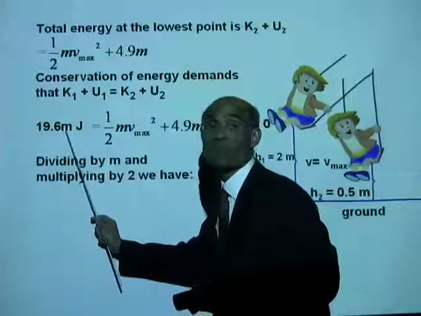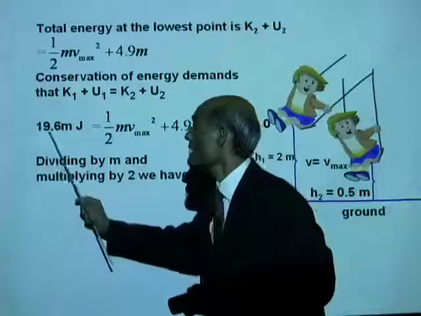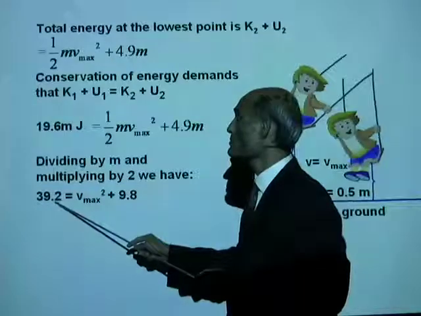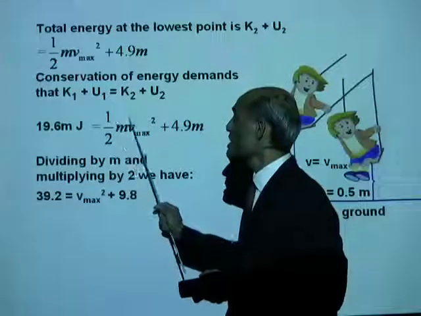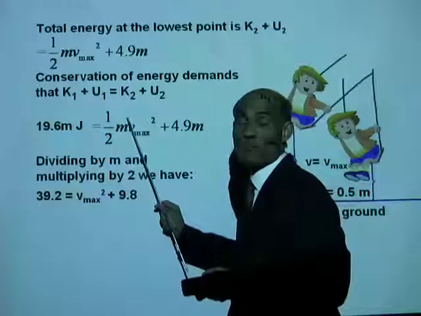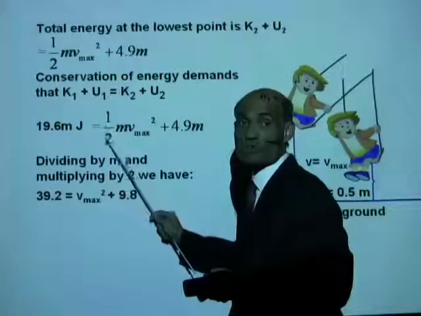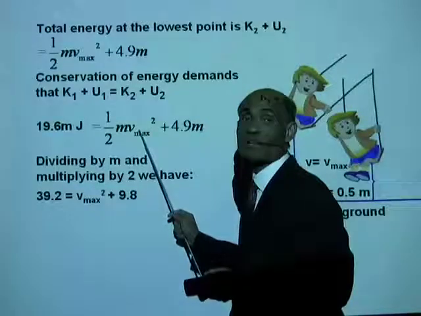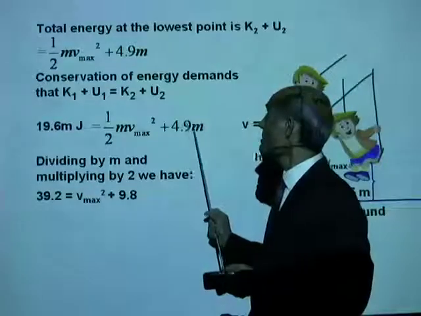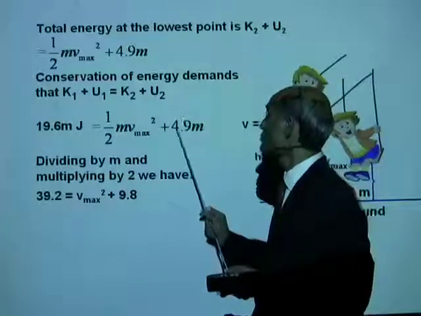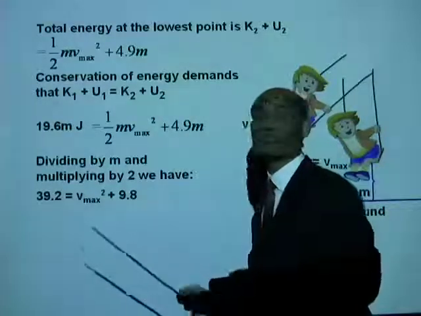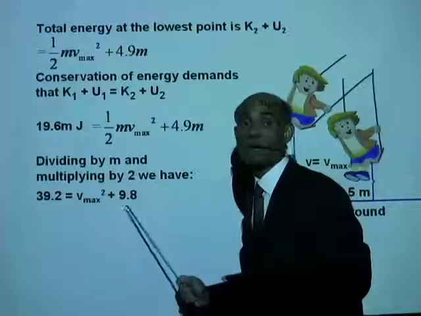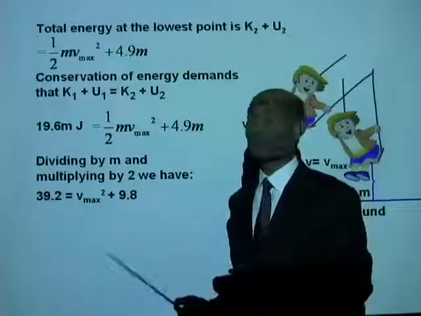Dividing by m and multiplying by 2, this will become, what is that? 19.6 times 2 is 39.2. Multiplying this term by 2 and dividing by m, m will go, 2 will also go. That will be only V max squared left there. And dividing by m and multiplying by 2, this will become 9.8. 39.2 equal to V max squared plus 9.8.